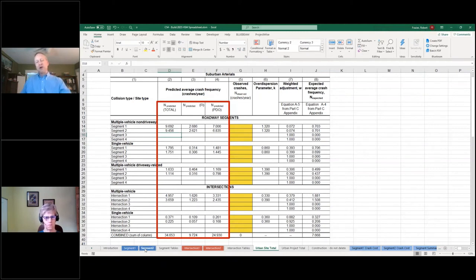One of the changes made in the AASHTO spreadsheets is that they now have, I think, 10 segments and intersections, all set up to reference automatically. There are some macros that make it easier to do exactly that.